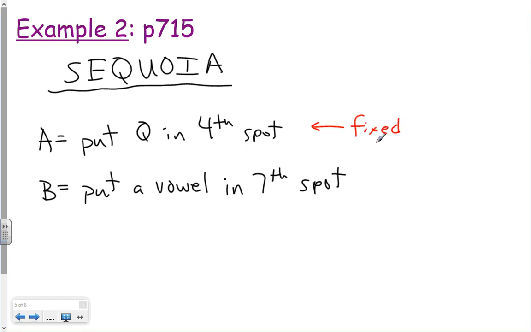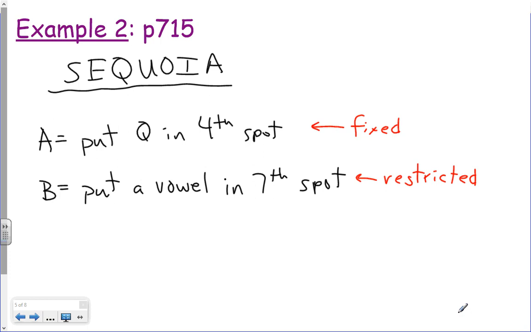There's only one choice there. It's got to be the Q. The 7th spot has to be a vowel, and there are 5 vowels out of the 7 letters. So I have more than one option here, but not all of the options can go there. So this would be what we call a restricted position.